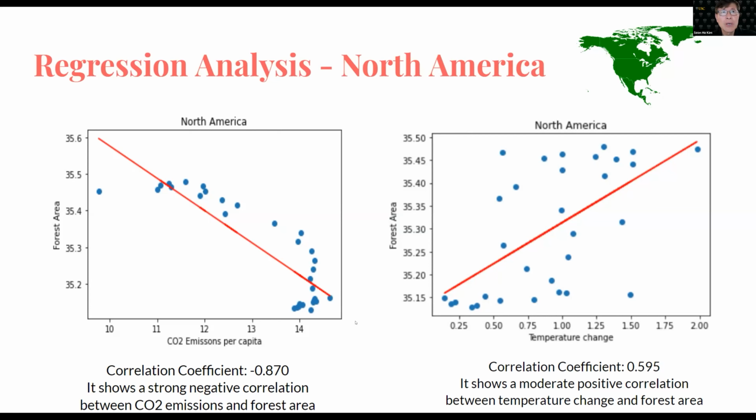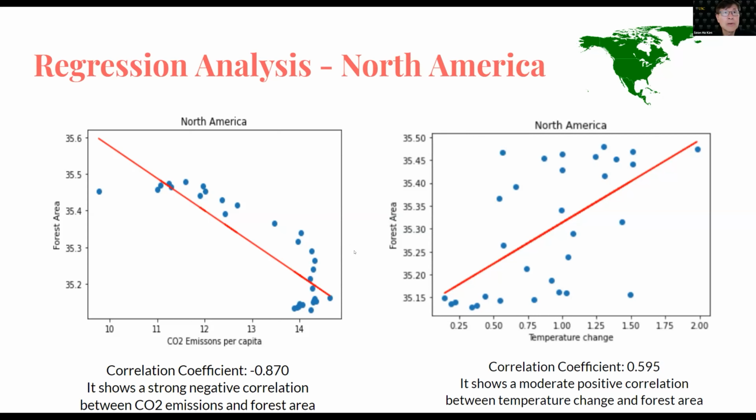Which one can we control? Usually, which is the independent variable and which is the dependent variable? Yeah, actually, we cannot control CO2 emission, right? Yeah, that is a kind of result.